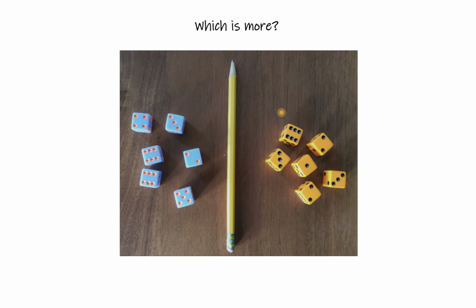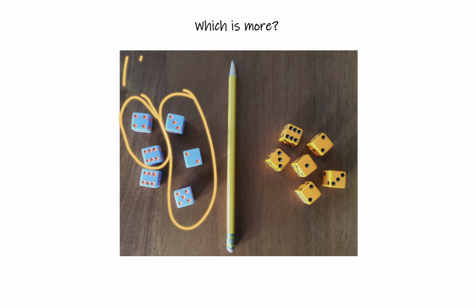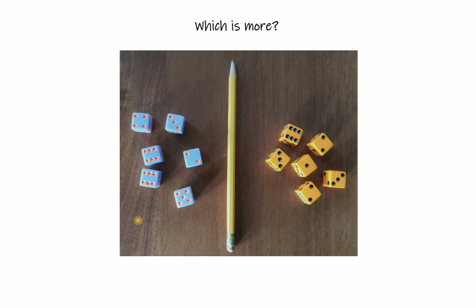Some students might do a variety of things in order to count. They might, for instance, begin to group the dots. They might see that there are 10 here and 10 here and 6 remaining for a total of 26 on this side.